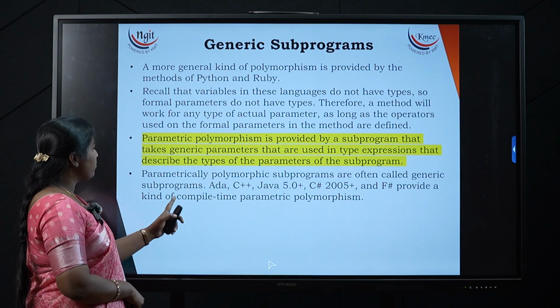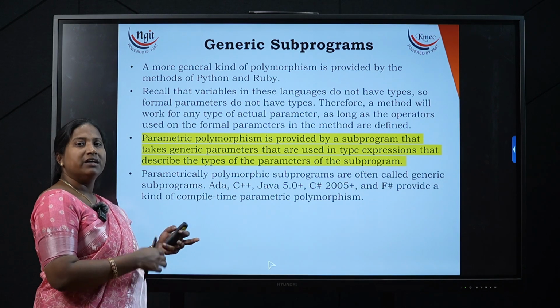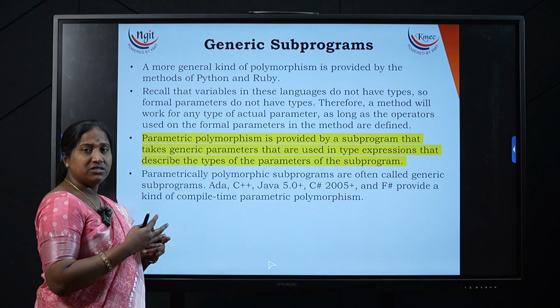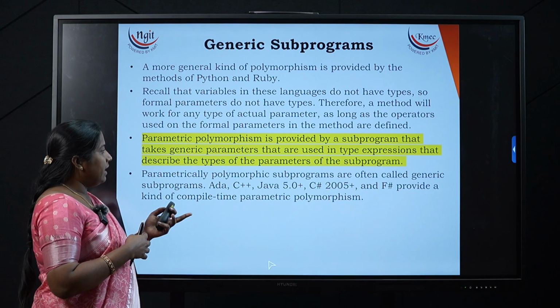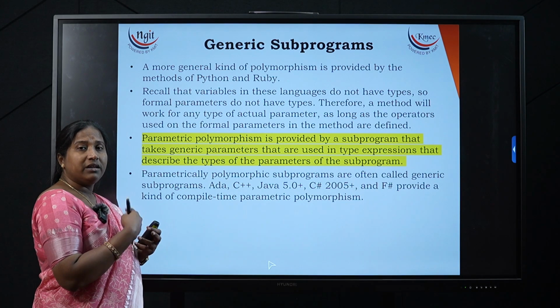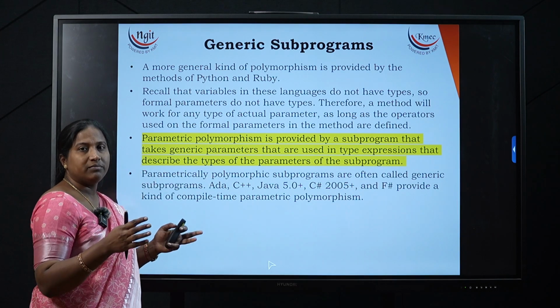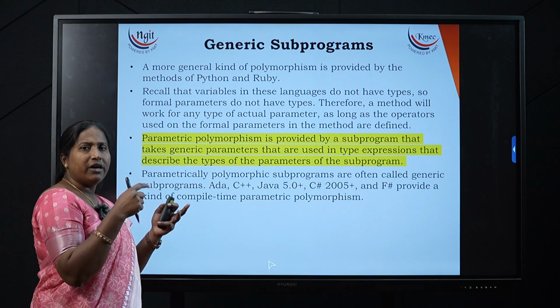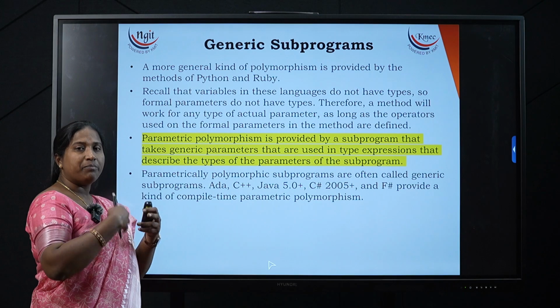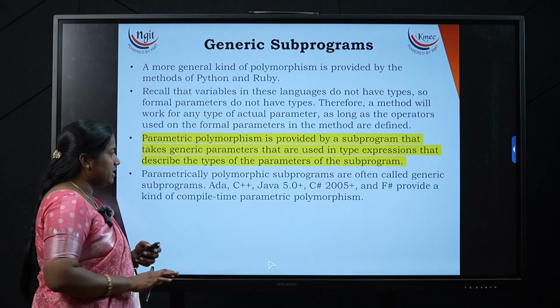And these are the programming languages which support generic subprograms: C++, Java, C#, and F#. They give a generic subprogram template where the algorithm will be the same. We apply different data on the same algorithm.